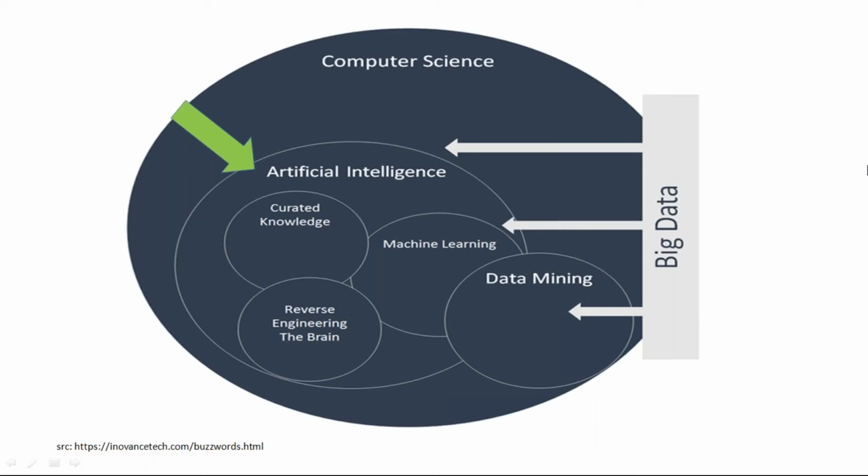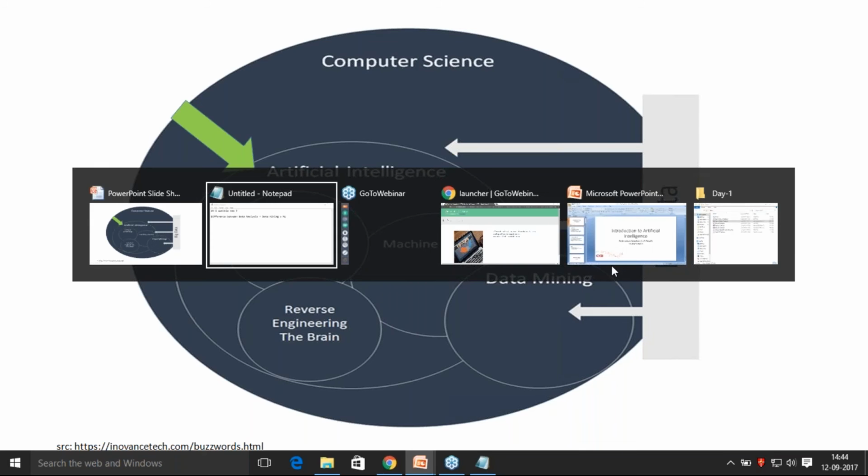Okay, I'll take questions one by one. The first question is, what are the different tools required for data mining or machine learning? Yes, there are a lot of tools.